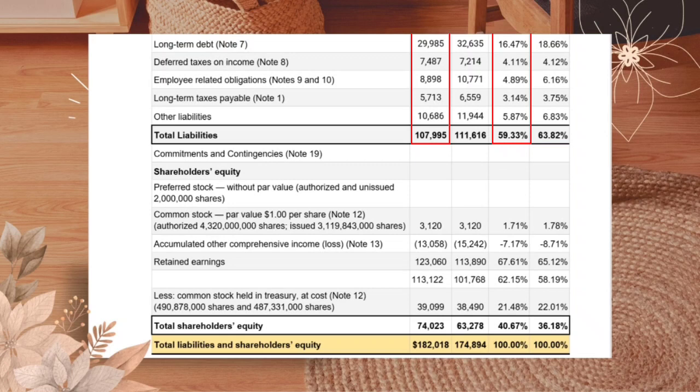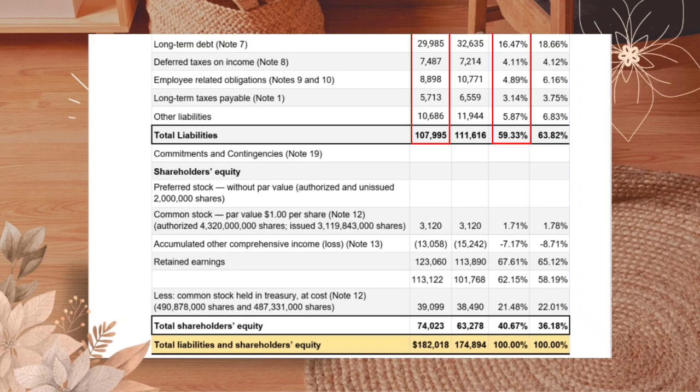4.11%. For employee-related obligations, we have here 8,898 divided by 182,018 multiplied by 100. Then the result will be 4.89%. For long-term tax payable, we have here 5,713 divided by 182,018 multiplied by 100 is equals to 3.14%.